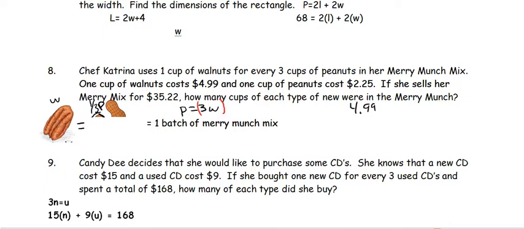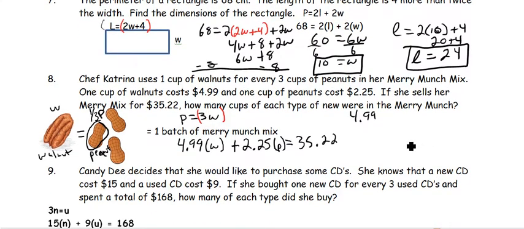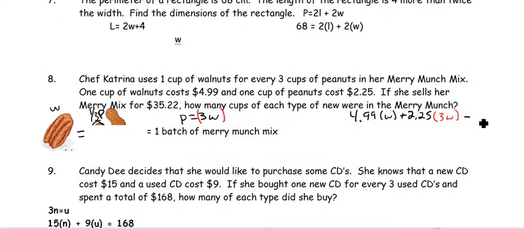4.99, let me get our video back here. 4.99 times W plus 2.25, and instead of P, I'm going to write 3W times 3W, equals our total of 35.22.